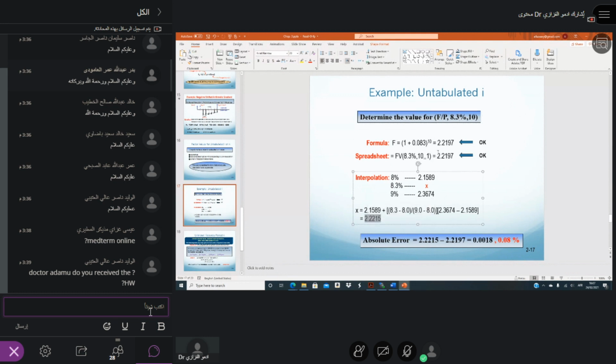You see this value and this value, they are a bit different. And if you try to find the percentage error, you can subtract this from this and then multiply it and have about 0.08%. So it's not always accurate and it's somewhat tedious. So it's better you just use the formula or the spreadsheet function.